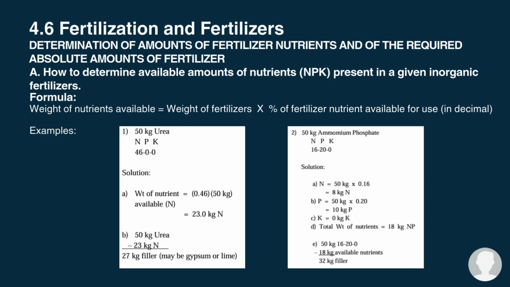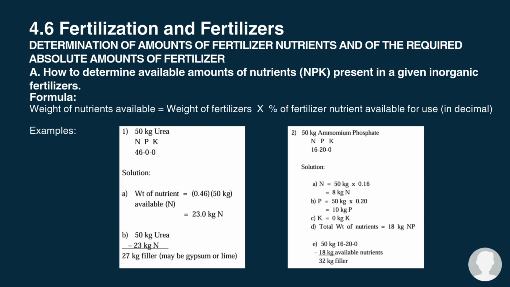The first example here is 50 kilogram urea, which has a nutrient ratio of 46% nitrogen, 0% phosphorus, and 0% potassium. Step 1, or step A, is to calculate the nitrogen content, which is 0.46 multiplied by 50 kilogram, equal to 23 kilogram nitrogen.